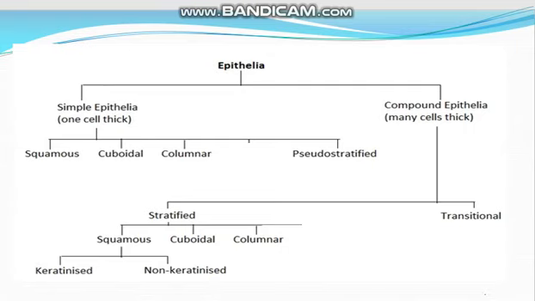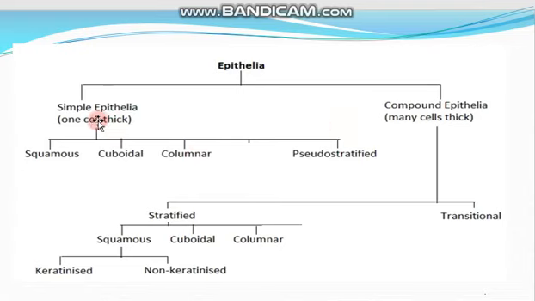Actually epithelial tissue, or the epithelia, is of two types, simple epithelium and compound epithelium. So this is simple epithelial tissue and this is compound epithelial tissue. Simple epithelial tissue is one cell thick and compound epithelium is a many-celled layer. So this is the difference between the simple and the compound epithelium.